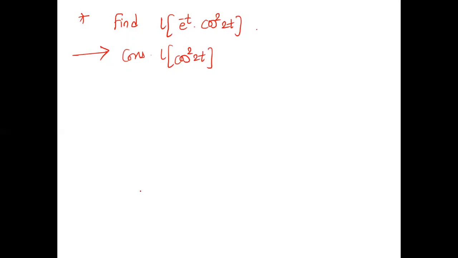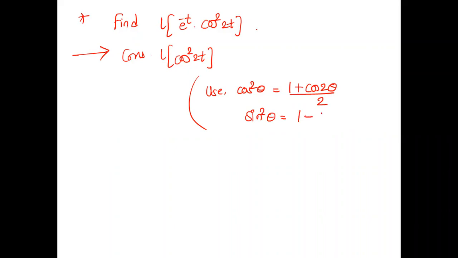So what is the formula of cos square? Cos square theta is 1 plus cos 2 theta by 2. Yesterday we have seen. And what is sine square theta, by the way? 1 minus cos 2 theta by 2.